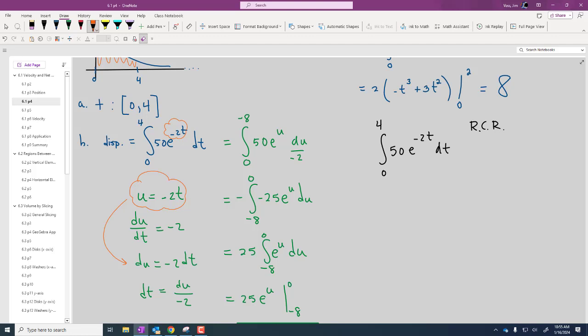E to the 4x times 4. It's itself multiplied by the derivative of the exponent, right? That's the chain rule. The reverse chain rule, if we integrate e to the 4x, the integral of an exponential is itself divided. That is the reverse chain rule.